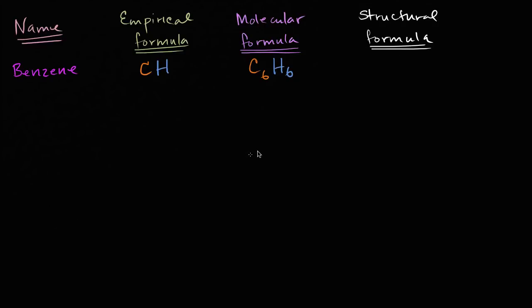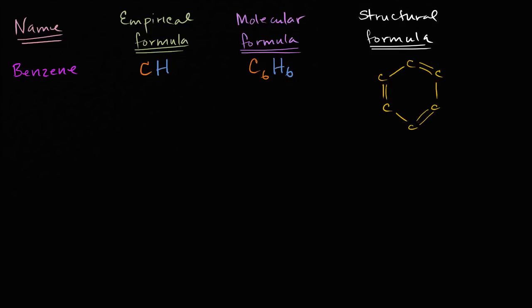A benzene molecule would be drawn like so: you would have 6 carbons, 1, 2, 3, 4, 5, 6, in a hexagon, just like that. And then you have a double bond. Every other of these bonds on the hexagon is a double bond.